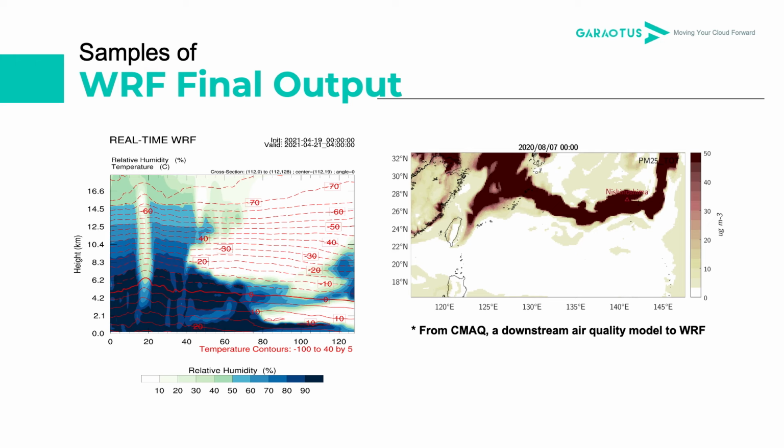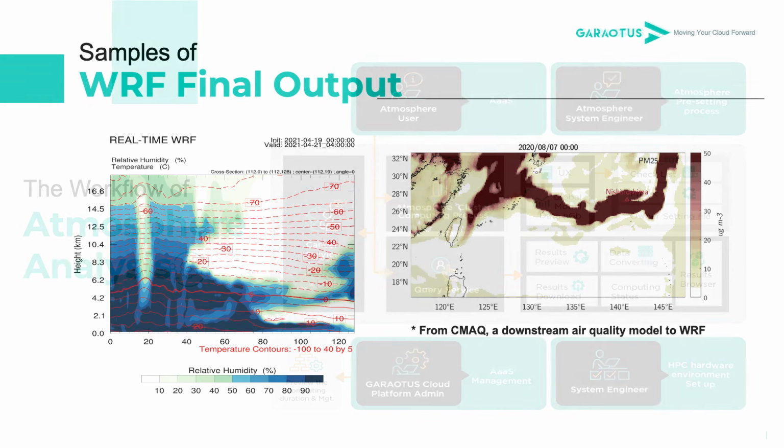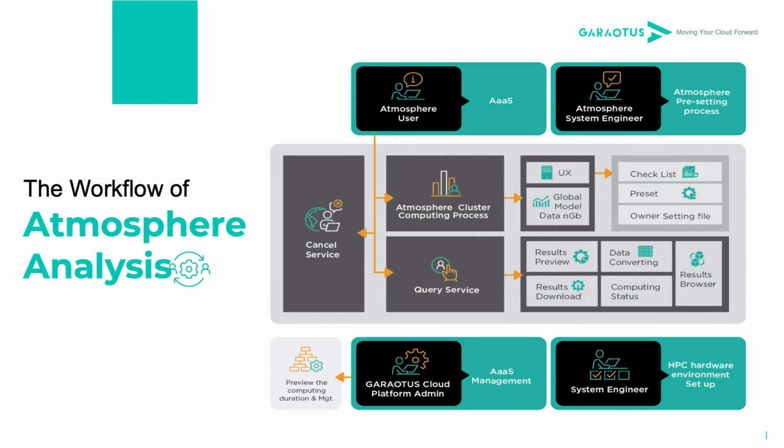So okay, now let's go through the atmosphere analysis again, the process from a user's point of view. First, this atmosphere user will log into the platform and switch to as a service, where he can request a computing process or a job workflow running on an atmosphere-specific cluster.